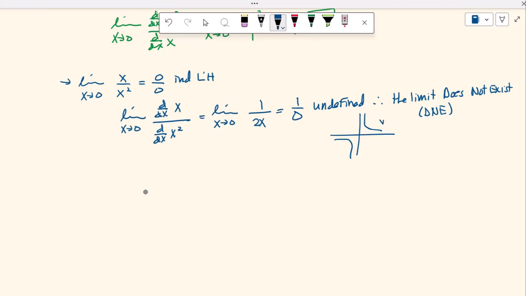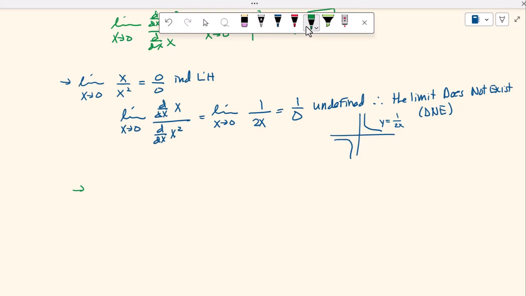So this is y equals 1 over 2x. Now as we approach 0 from the right, this is going off toward infinity. As we approach 0 from the left, it's going toward negative infinity. So these two sides don't agree, and so therefore the overall limit does not exist. So sometimes I can look at this and say, okay, it's approaching infinity, it's agreeing, but this one is not. Okay, so the limits do not agree from either side.